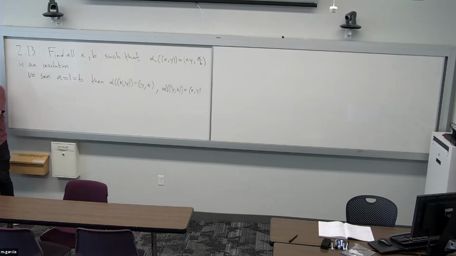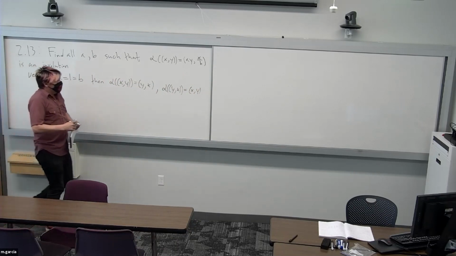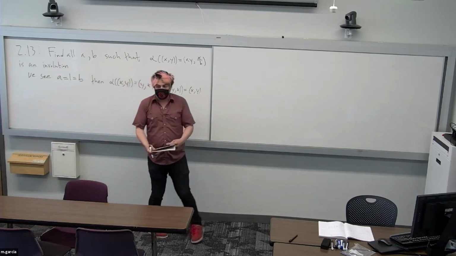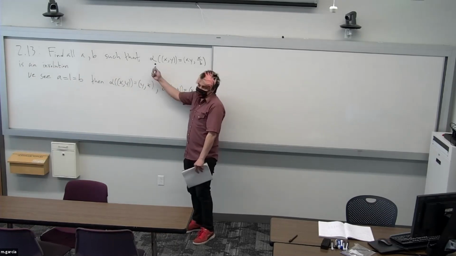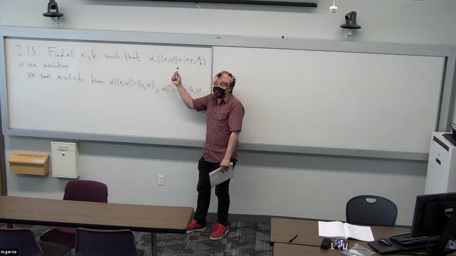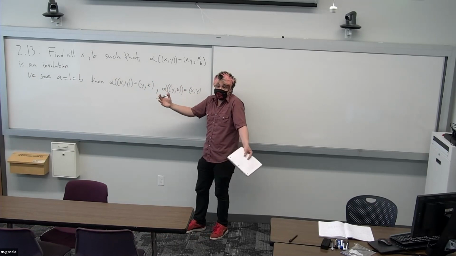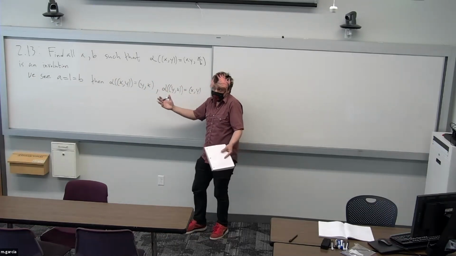No. Okay, so here's my suggestion. Why don't we just operate alpha on the same point twice and see what that gives us in terms of A and B and our original point.